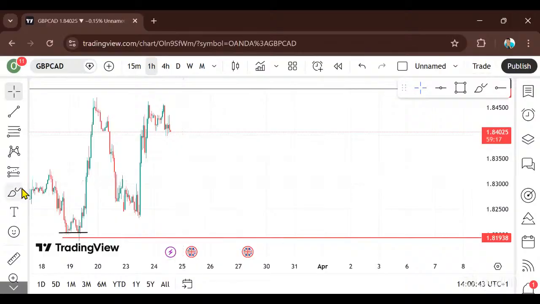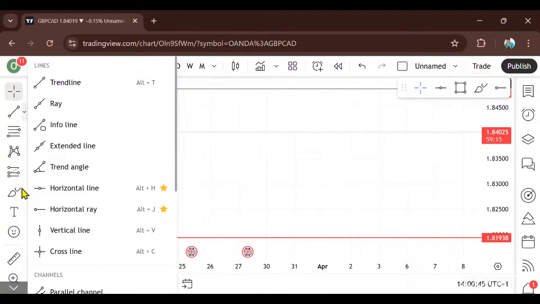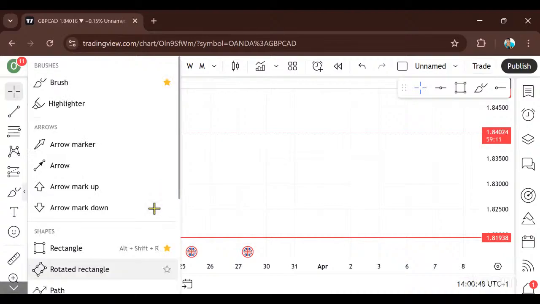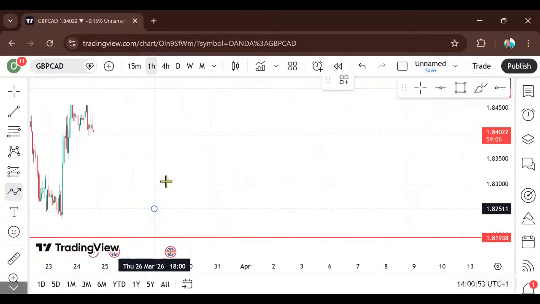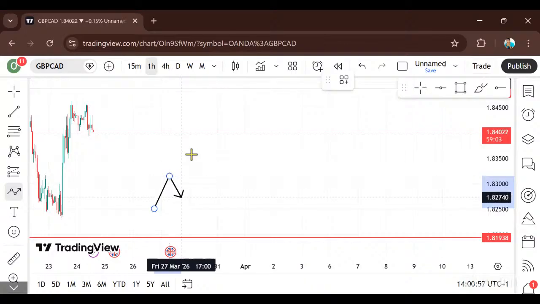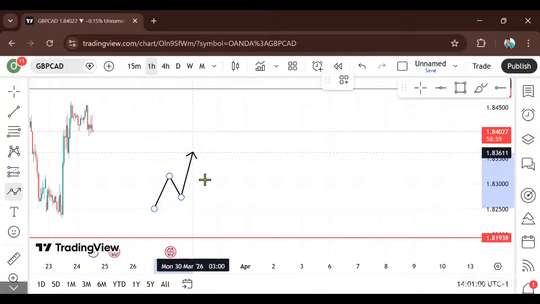So guys, first of all, once you open your Forex chart, if the market is in uptrend, if the market is making higher highs and higher lows, we say that the market is what? We say that the market is trending. We say that the market is going up.